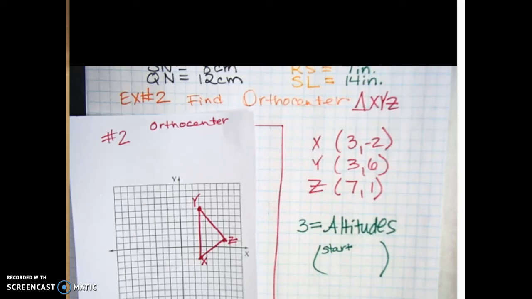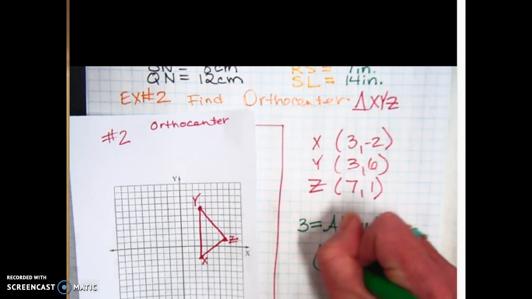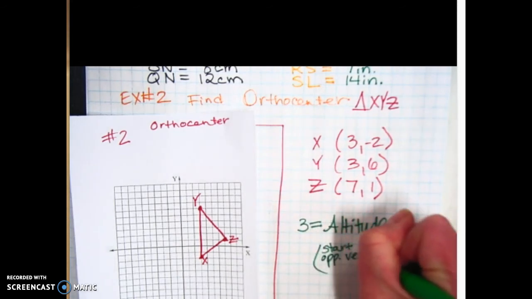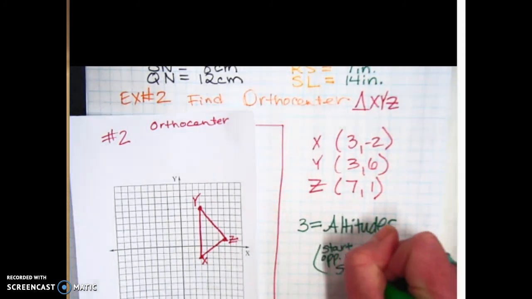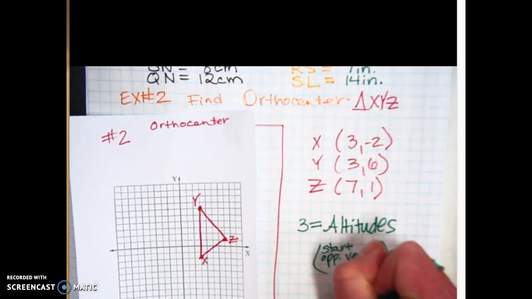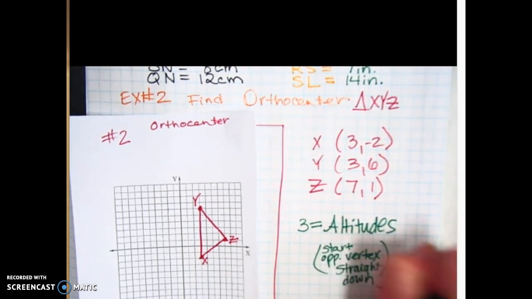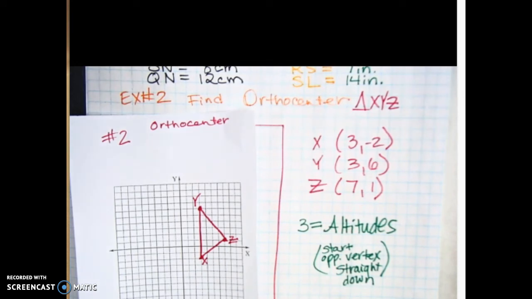Go to your box that says altitudes. Somebody said it. Opposite vertex. From the opposite vertex, what do? Straight down. Okay? So you want to start at the opposite vertex and then go straight down.